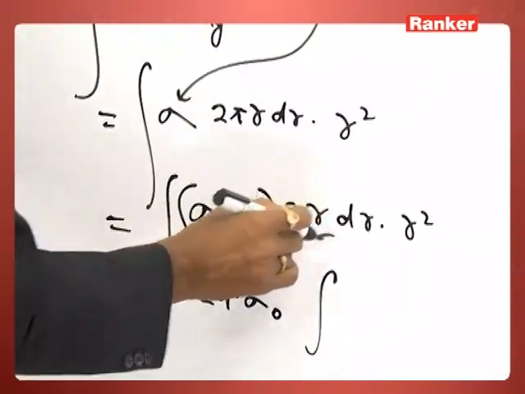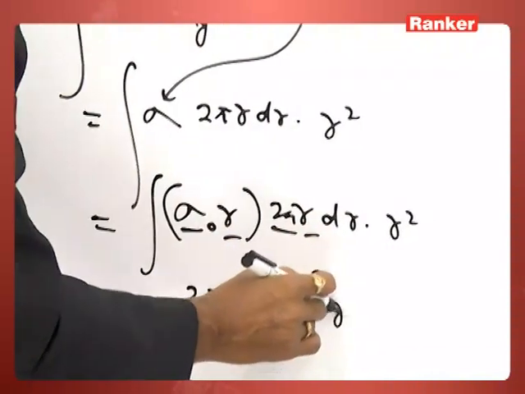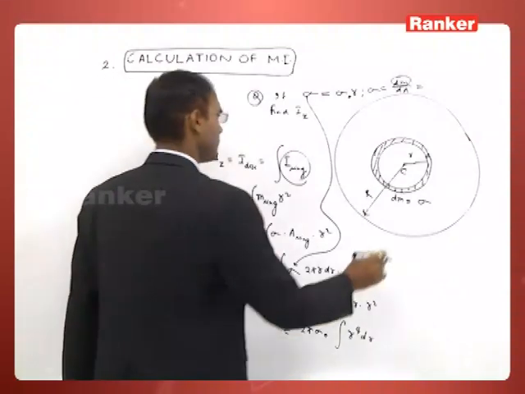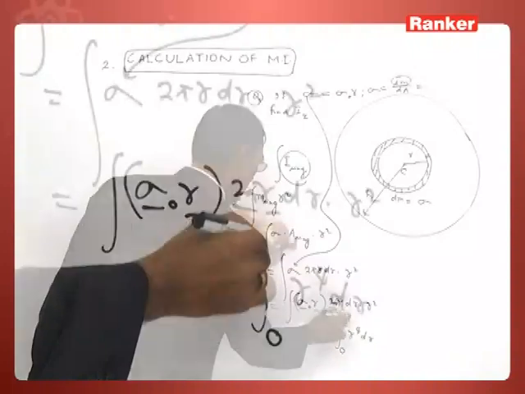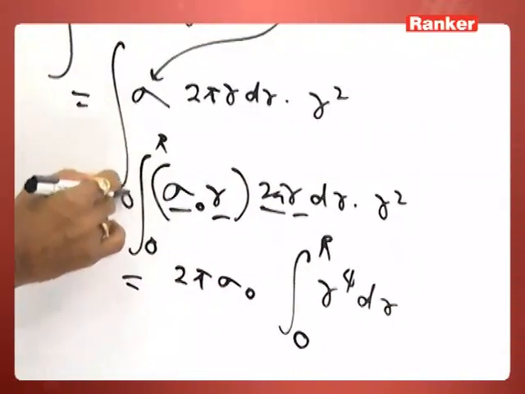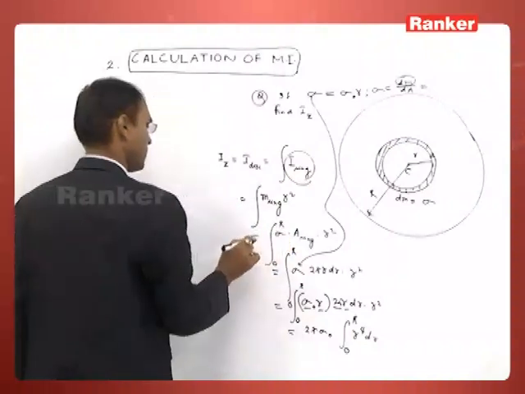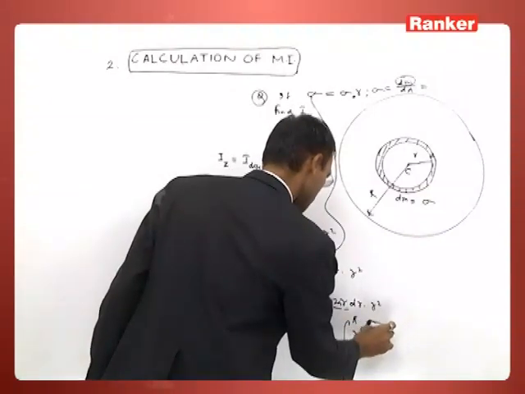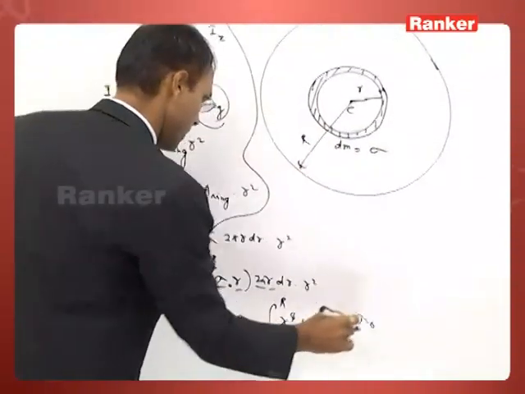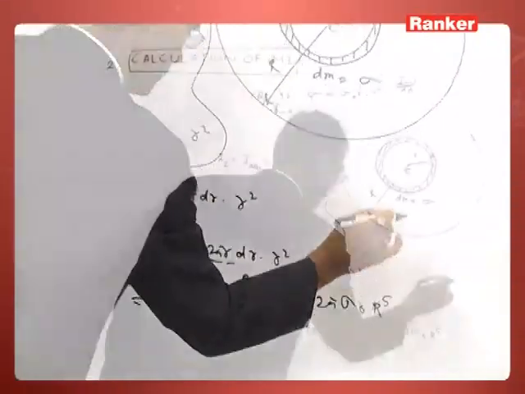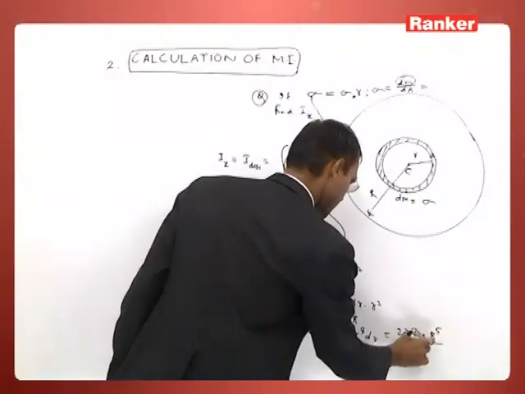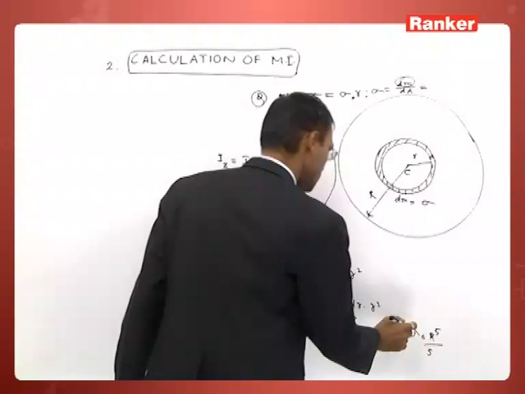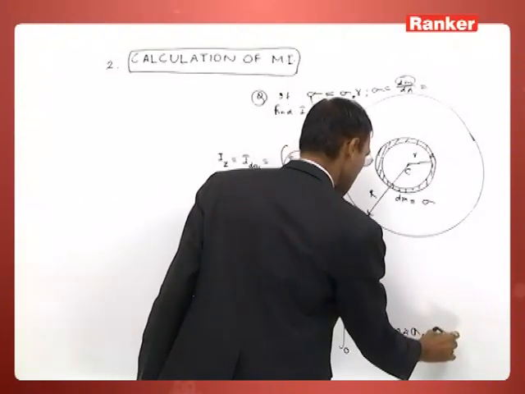You are getting r into r square into r square, r to the power 4, integration of this, and the lower limit is 0, upper limit is R. So, evaluating the integral, you are getting R5 by 5. 2 pi sigma naught R5 by 5 is the answer.